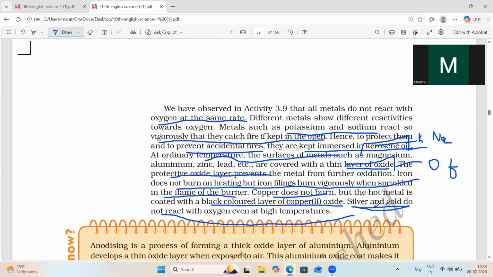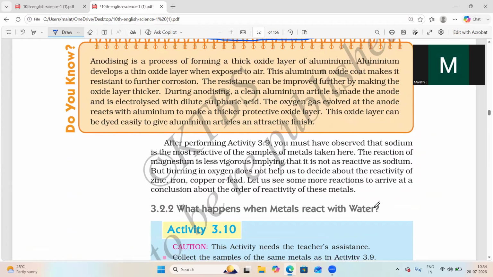Silver and gold do not react with oxygen at all. Sodium is the most reactive of the metals. The reaction of magnesium is less vigorous, implying it is not as reactive as sodium, but burning in oxygen does not help us decide the reactivity of zinc, iron, copper and lead.